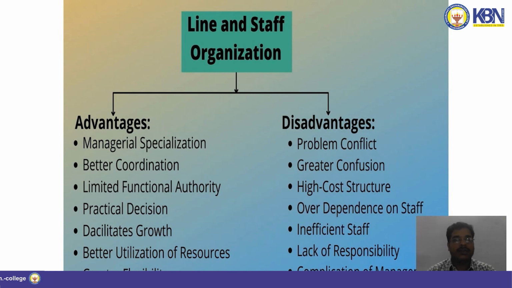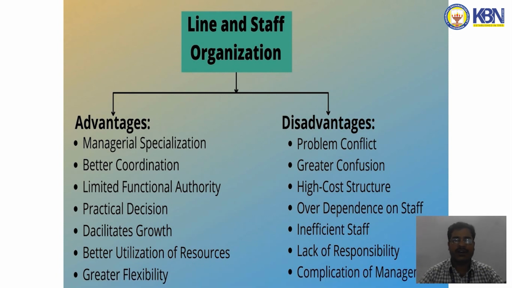It is more flexible according to the available conditions and situations. We can change the system as per the need or requirement. So greater flexibility is available under line and staff organization.